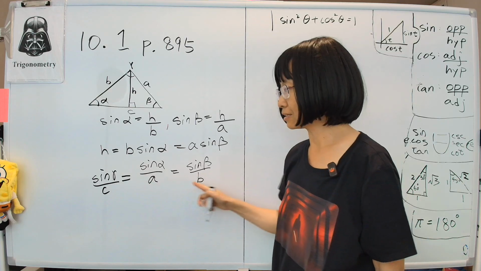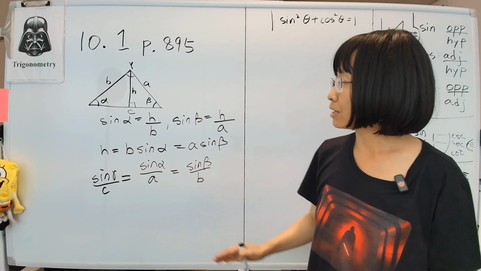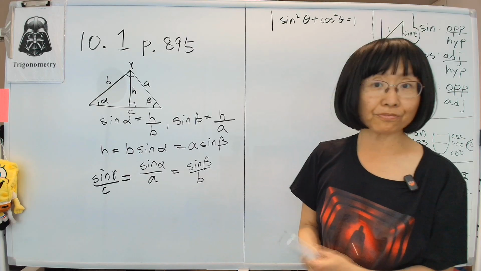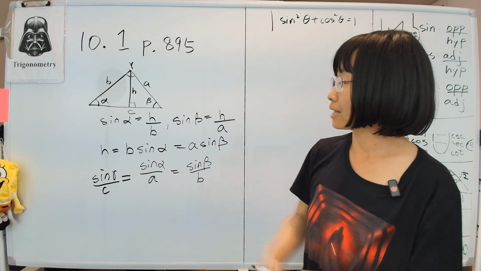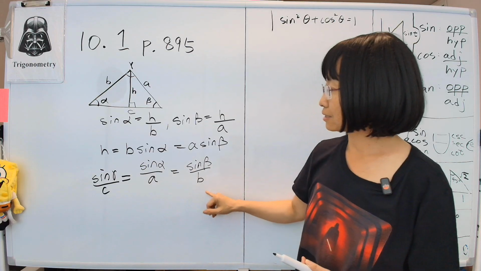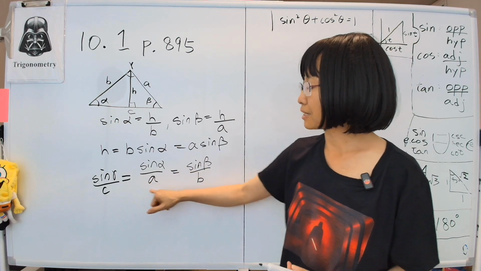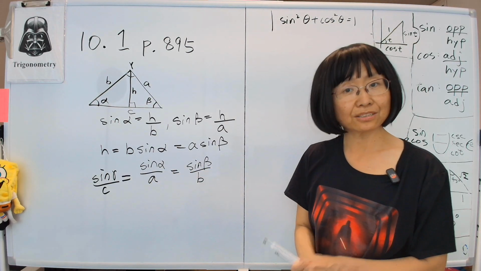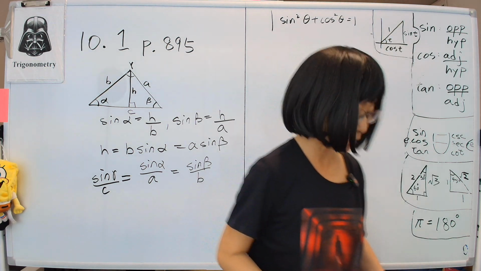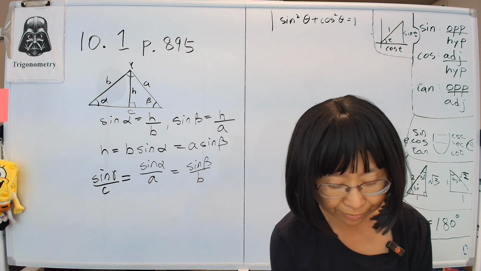These proportions are all the same. With these proportions, we will be able to solve various problems that are based on some kind of triangle. So these three things equaling each other is called the law of sine, and that is what we're going to do in this section.